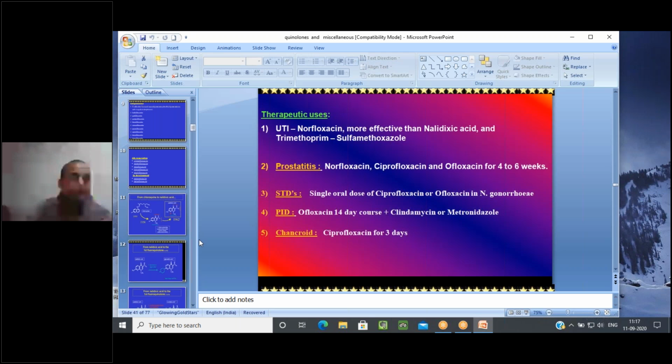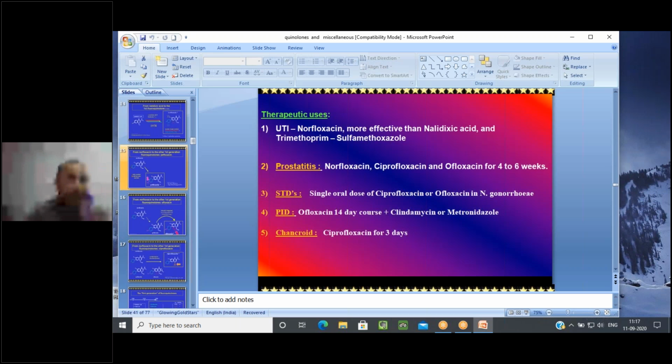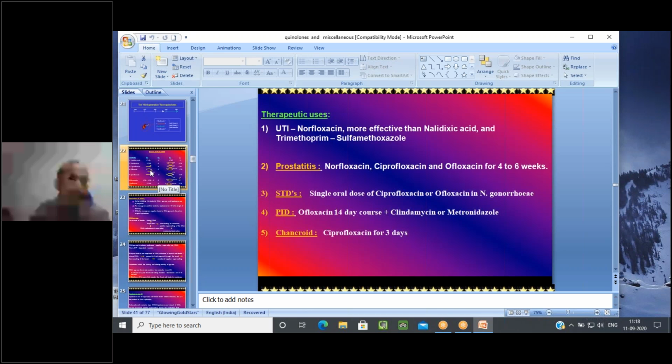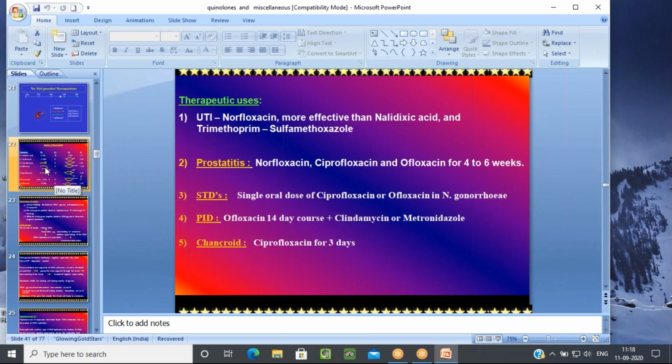Elimination, renal elimination is also important. Some drugs are eliminated through the kidneys, some through hepatic elimination. And therapeutic uses of fluoroquinolones.